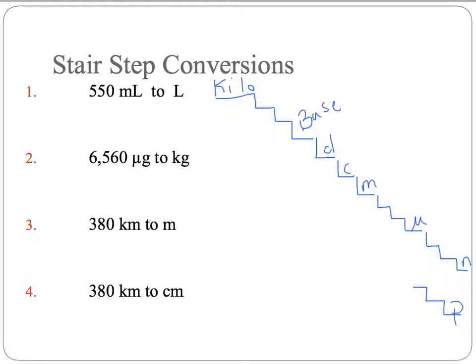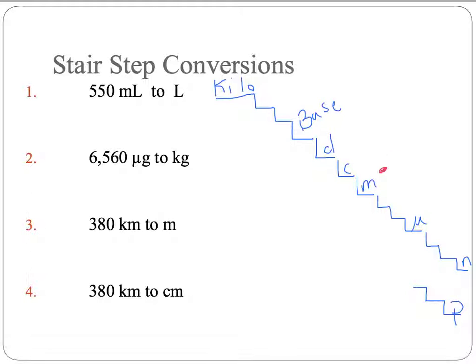So to start with number 1, I have 550 milliliters, and I want you to convert that to liters. Right here is milli, so that's where you're at, and I want you to go up to liters. Remember, if it doesn't have a prefix on it, that means it's at base.